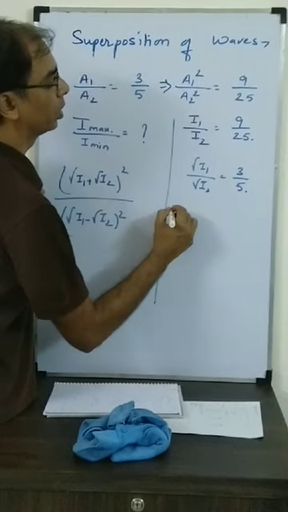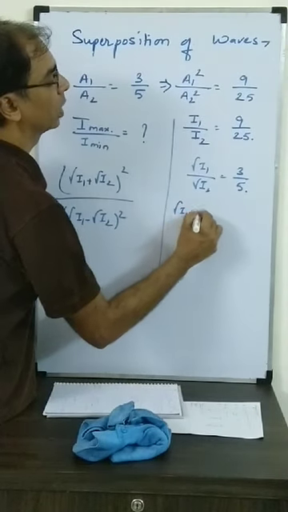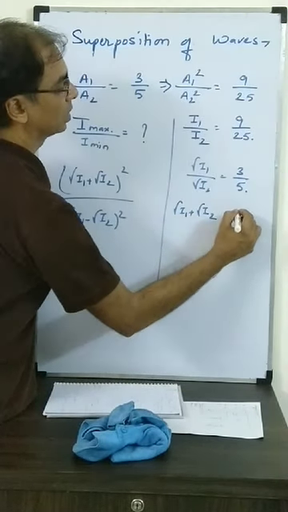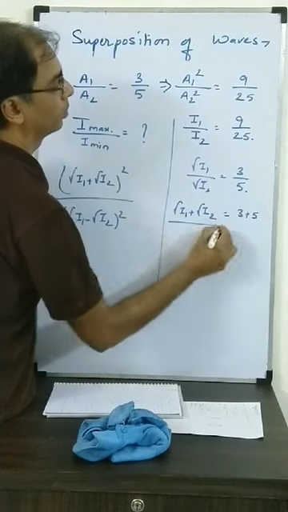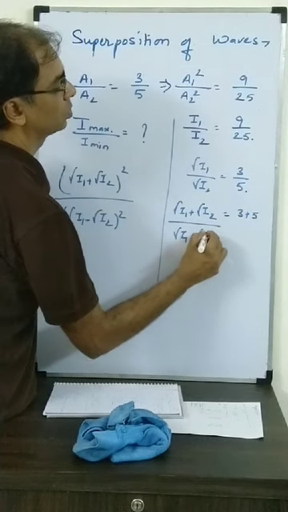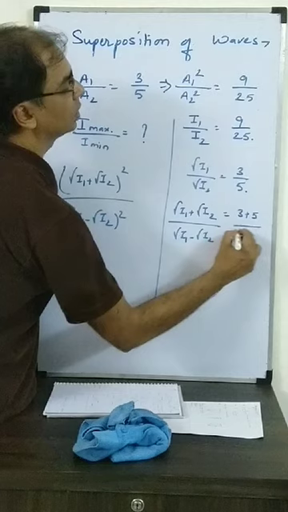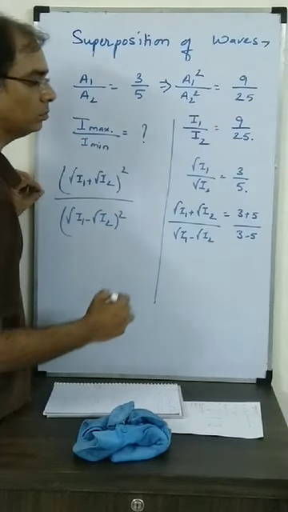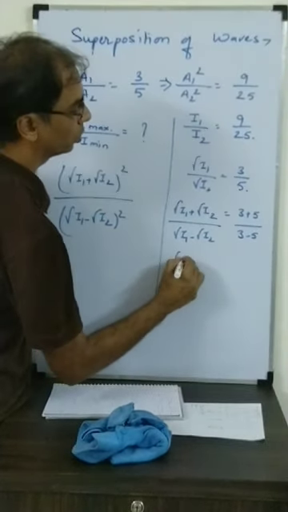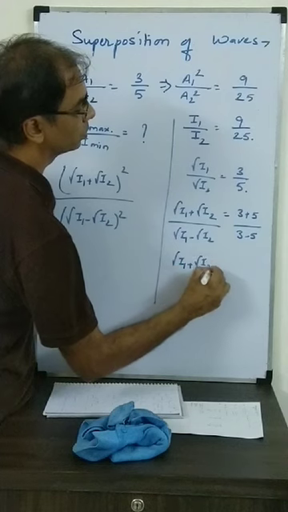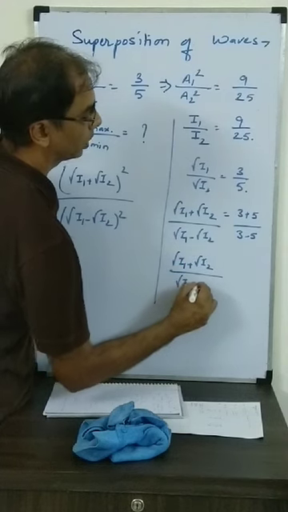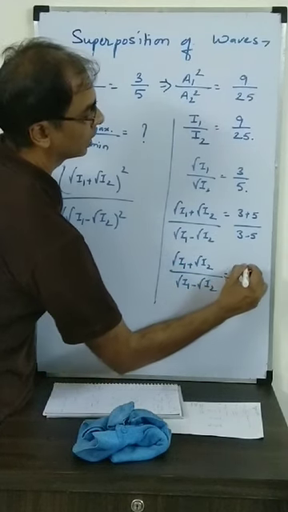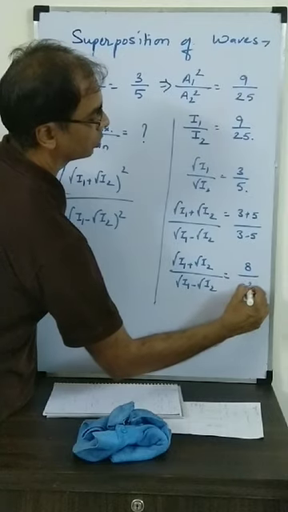Then I will use componendo dividendo: root over I1 plus root over I2 by root over I1 minus root over I2 is 3 plus 5 by 3 minus 5, that is 8 by -2.